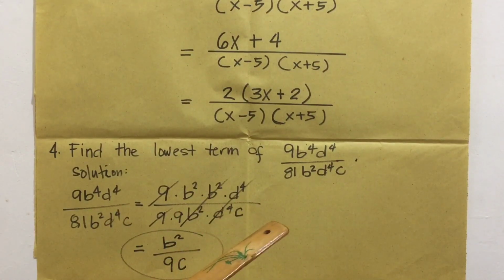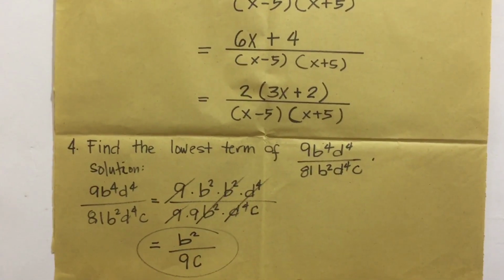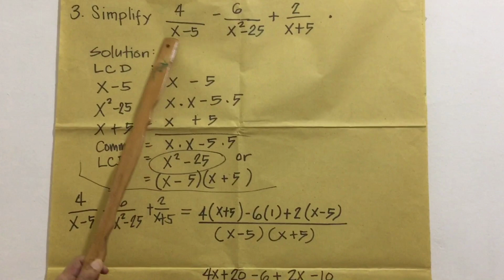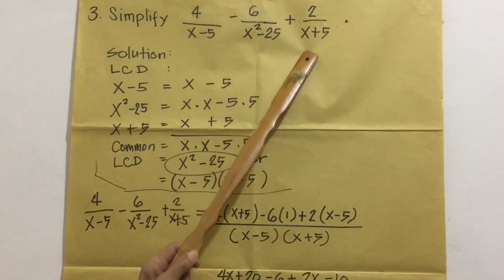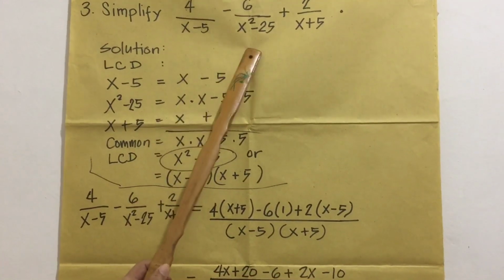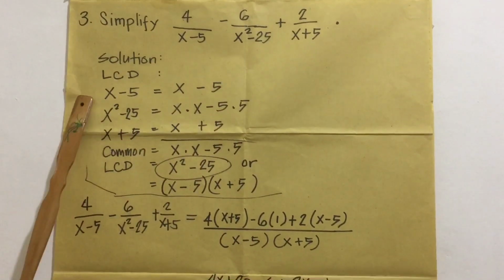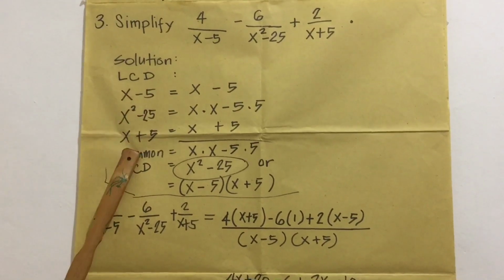Then we have to always remember, if we're going to combine rational expressions, like this one, the given is 3 rational expressions, our target here is to merge this into one rational expression. To do that, of course, we're going to find the LCD. How to find the LCD?